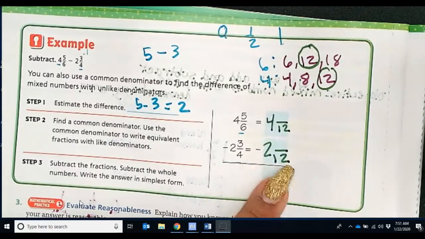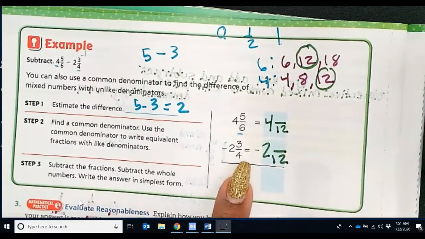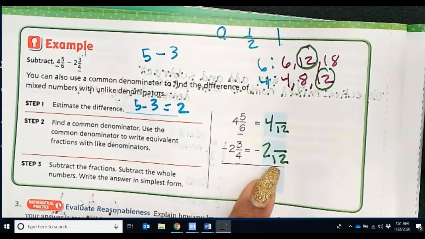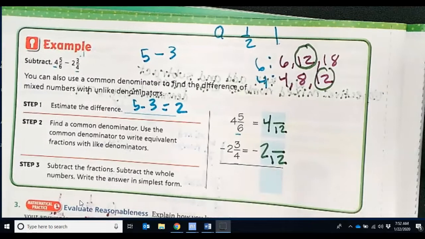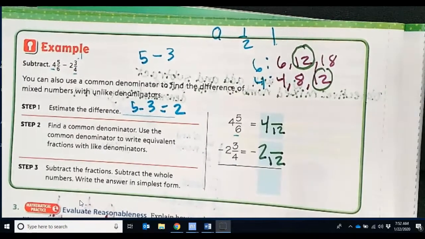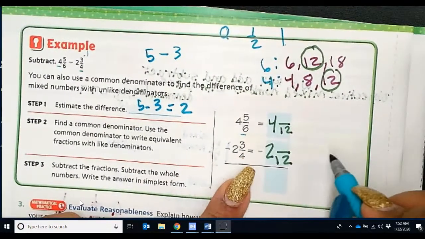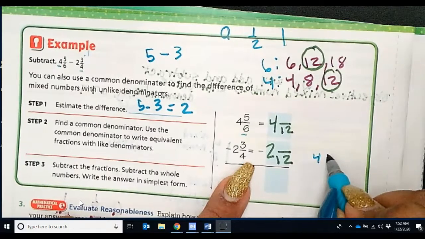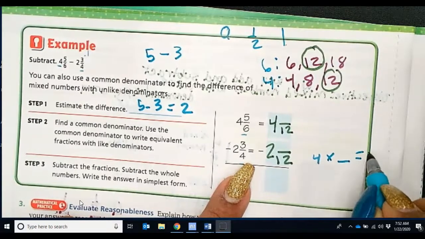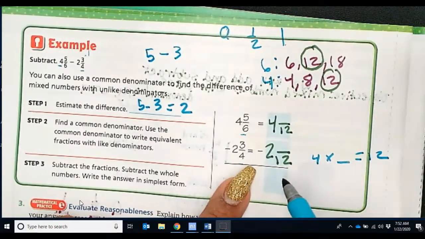Now I need to find the numerator, and for that I need to look: 4 times what number will give me 12. So basically what I'm doing is, and I'm just breaking it down. If you can just do this on the side, but if you're still confused, I'm saying 4 times what number will give me 12, because 12 is my denominator.